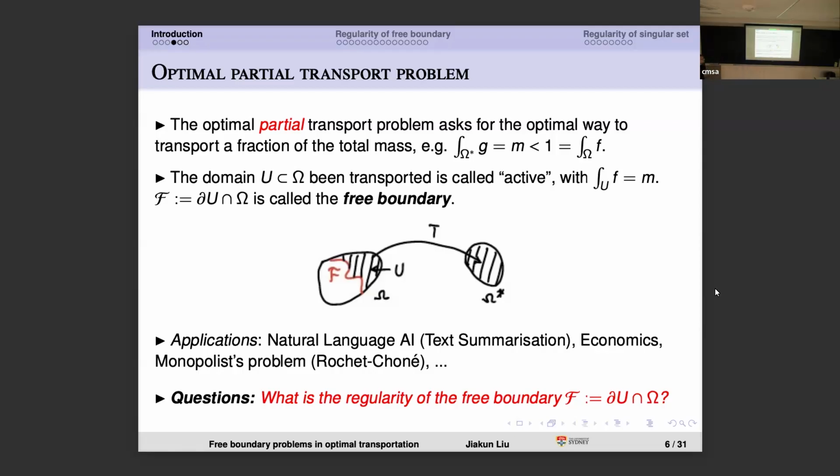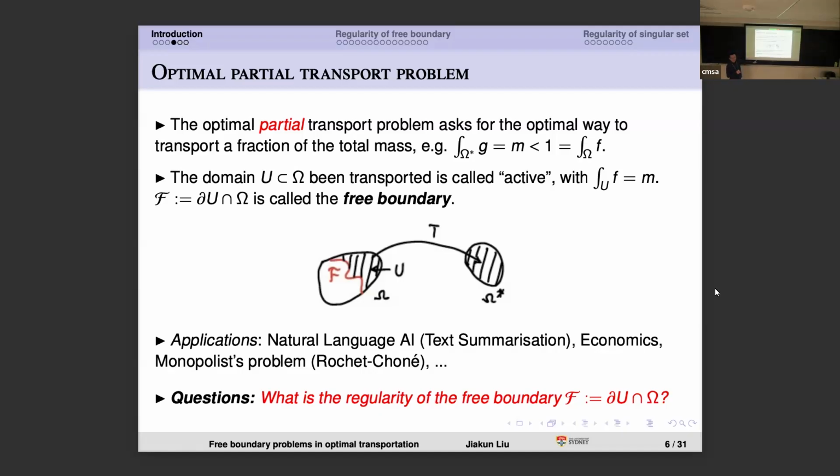Such a model has many applications. The fancy one is in AI, natural language. So for example, imagine you have a very long essay or very long article, 20 pages, 200 pages. You're very busy, you do not have time to read it, right? So you put it into ChatGPT and ask, can you give me a summary? So ChatGPT has to decide which words are going to be picked up and which words we can just ignore, right?